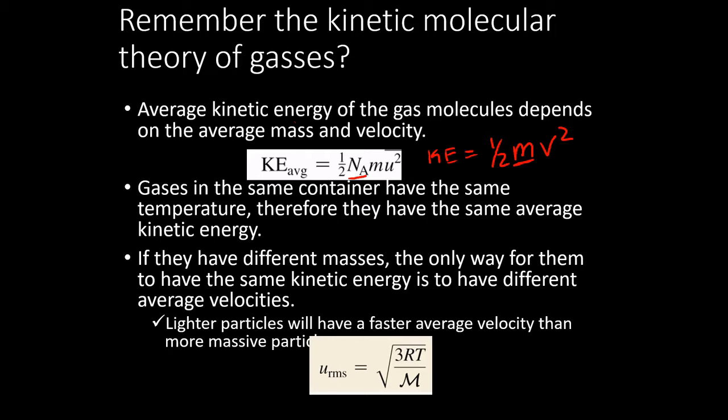How does that work? How can you have a particle that is 150 times larger than another particle, both of them smack into the walls of the container, and they both apply the same amount of pressure? Well, the answer to that is the other part of the equation. It's the velocity. Because things that are larger, gases that are larger, move slower.